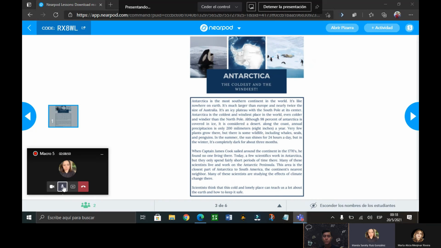Although 98% of Antarctica is covered in ice, it is considered a desert along the coast. Annual precipitation is only 200 millimeters, 8 inches a year. Very few plants grow there, but there is some wildlife, including whales, seals, and penguins. In the summer, the sun shines for 24 hours a day, but in the winter, it's completely dark for about 3 months.